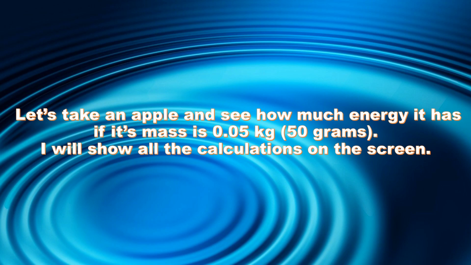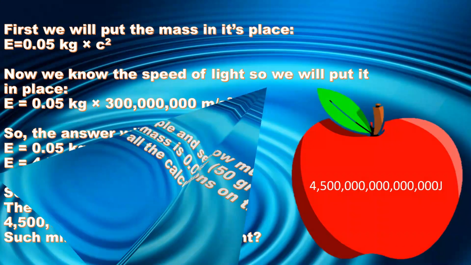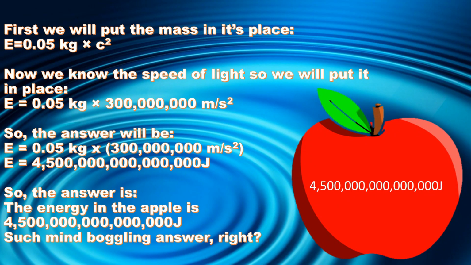Let's take an apple and see how much energy it has if its mass is 0.05 kg. I will show all the calculations on the screen. First, we will put the value of mass in its place.